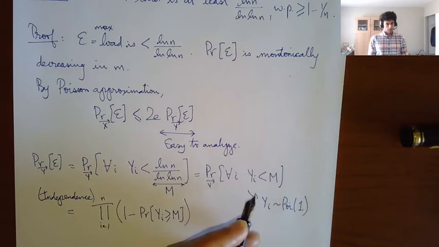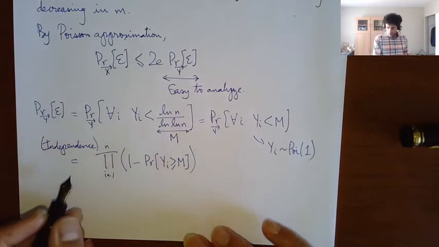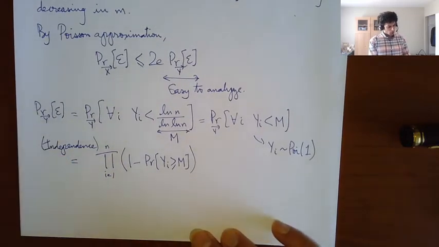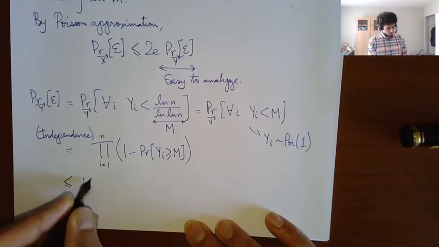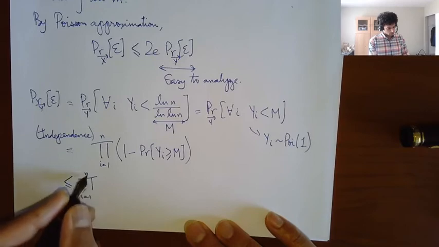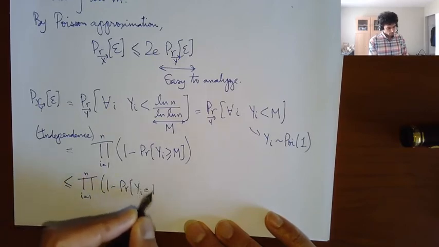So each Poisson parameter is just 1. I want to upper bound this probability, so I just lower bound the inner term with a very crude approximation: 1 minus the probability that yi is equal to M.